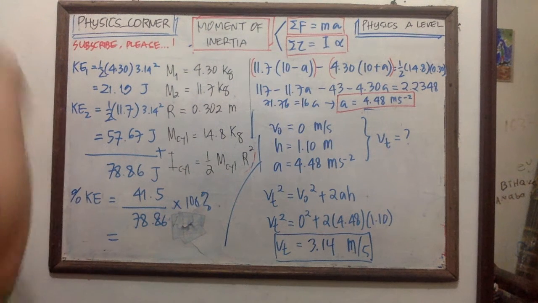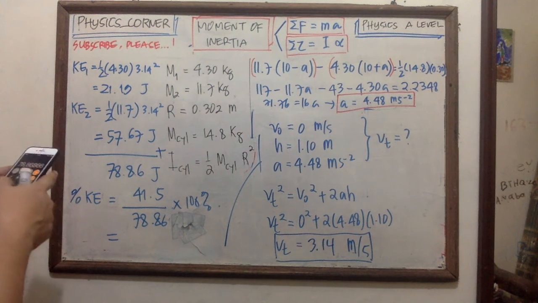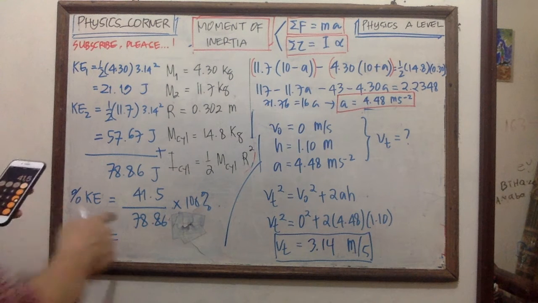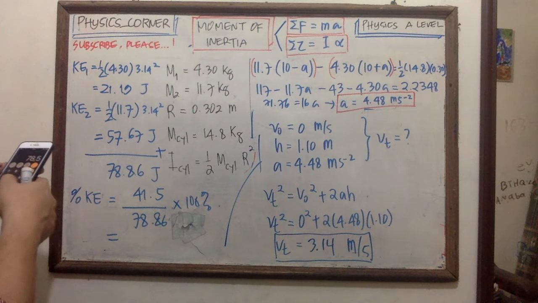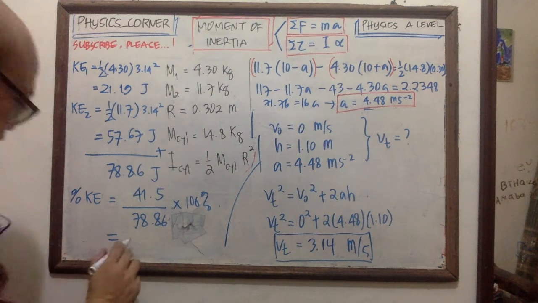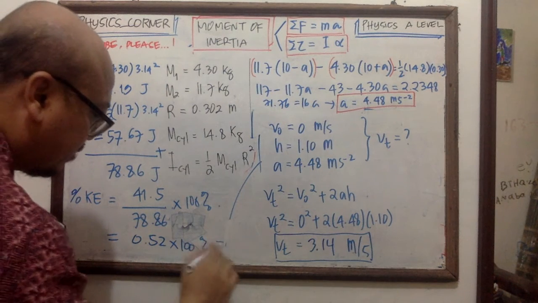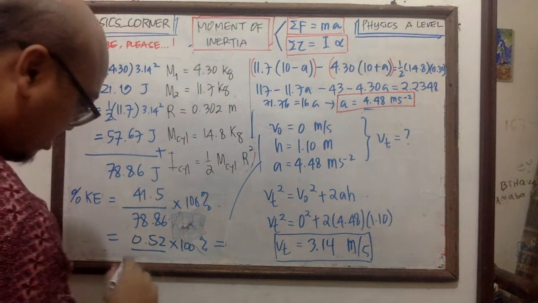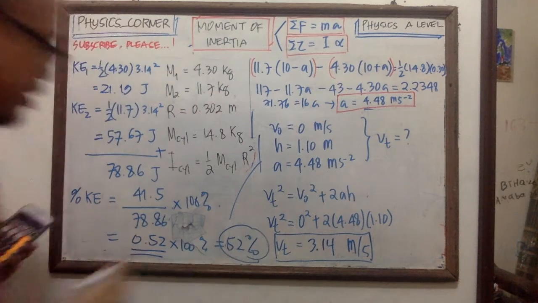Then we use the calculator again for 41.5 divided by 78.6. Actually, this is 0.52 times 100%, so the percentage is 52%.